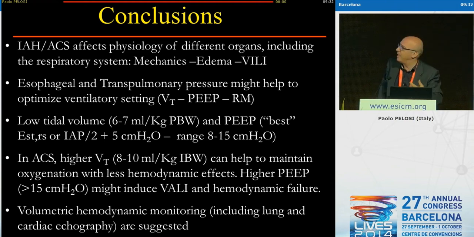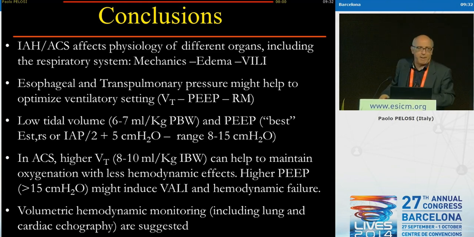I showed you some data that suggest that even the titration of tidal volume can be important in this condition. Low tidal volume has to be recommended with some consideration before, and PEEP can be set with different methods, either according to the best compliance of the respiratory system or according to the intra-abdominal pressure with this formula.